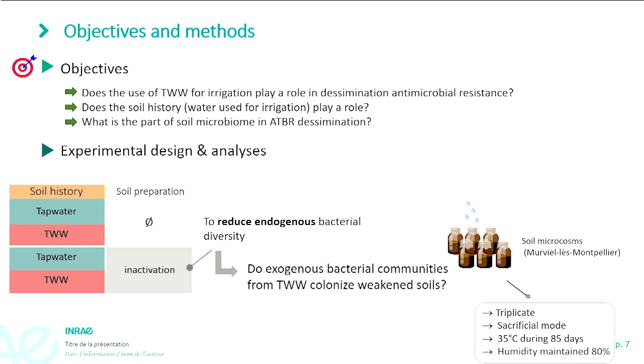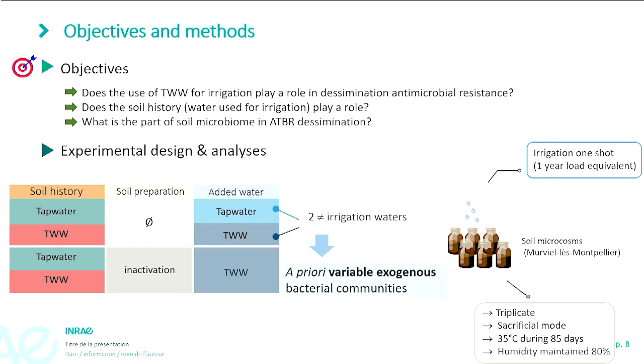These soils underwent or not an inactivation treatment to reduce the endogenous bacterial diversity, to know if the exogenous bacterial community from treated wastewater could colonize these weakened soils. And finally, we've irrigated this microcosm with either tap water or treated wastewater with variable exogenous bacterial communities.